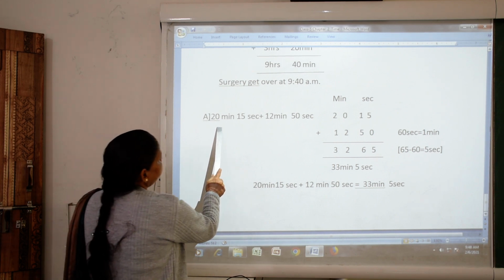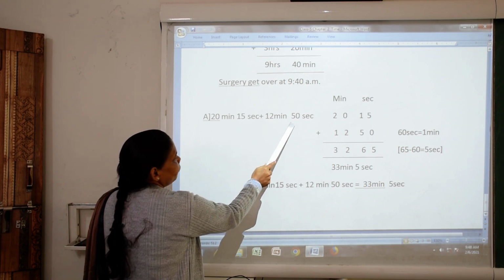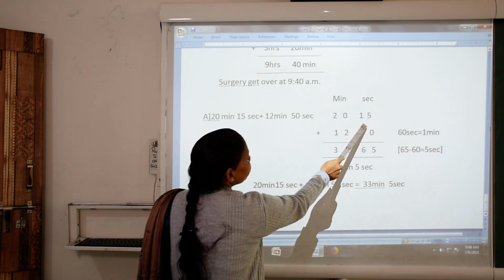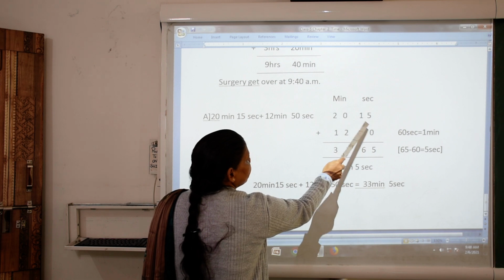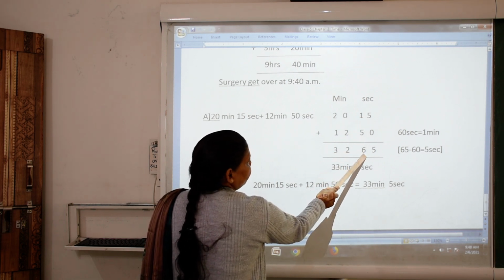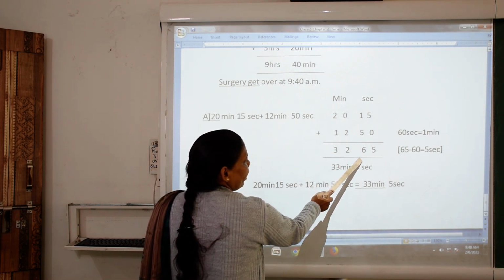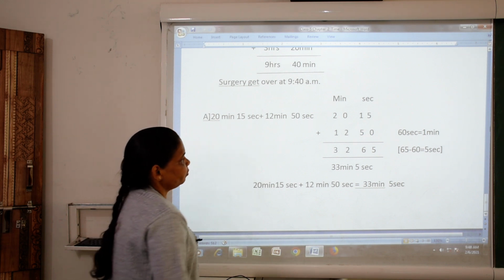Now you have to plus 20 minutes 15 seconds and 12 minutes 50 seconds. When you plus it, 15 plus 50 you will get 65, and 20 plus 12 you will get 32 minutes, and 65 seconds. But children, you know how many seconds are in 1 minute?